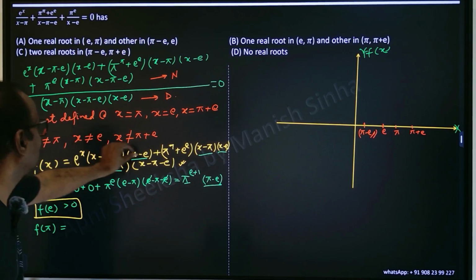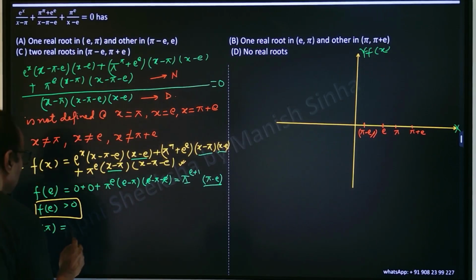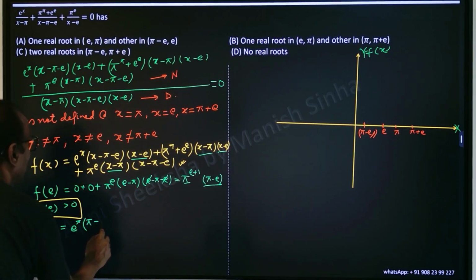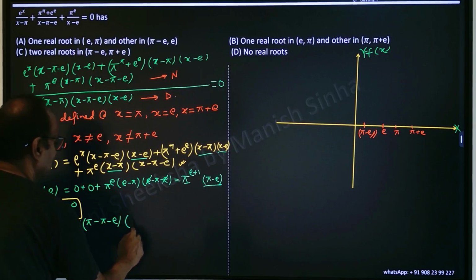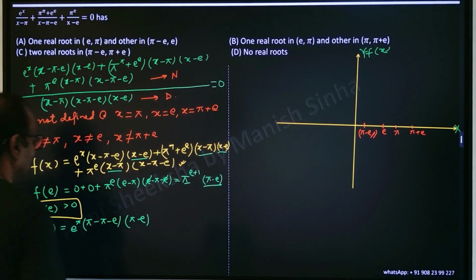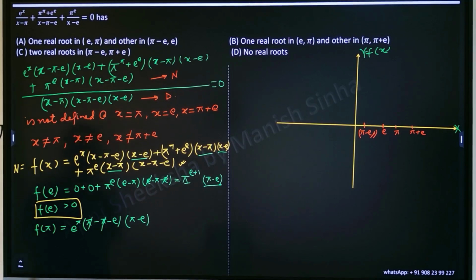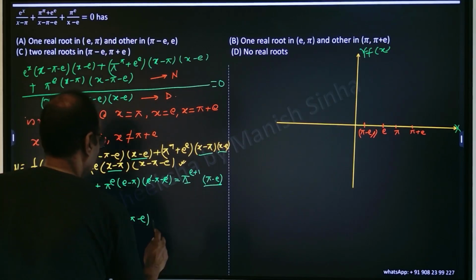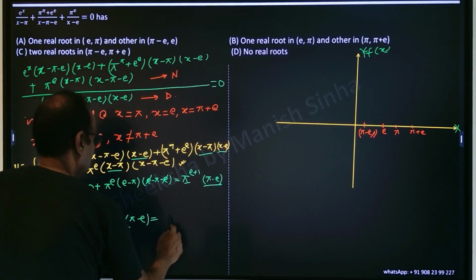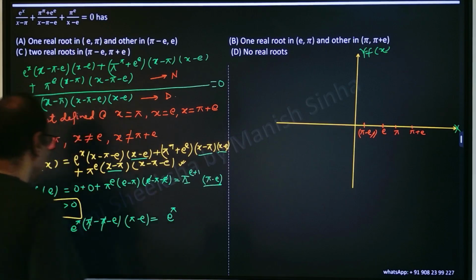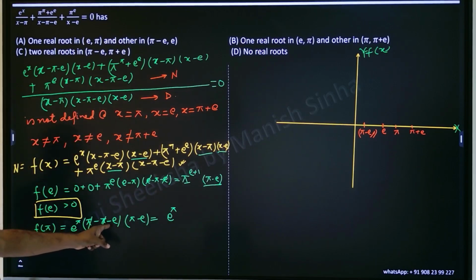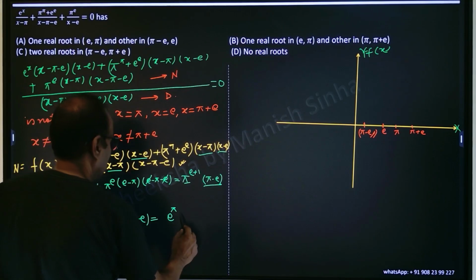So we are left with the first term: e to the power pi, pi minus e. Minus sign is left over here, so we will change that.